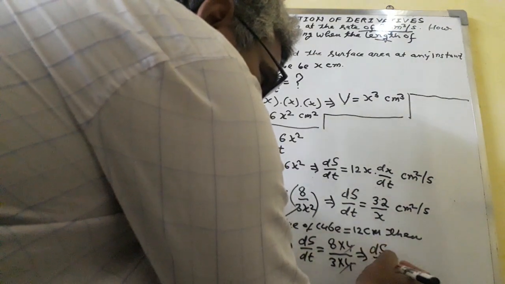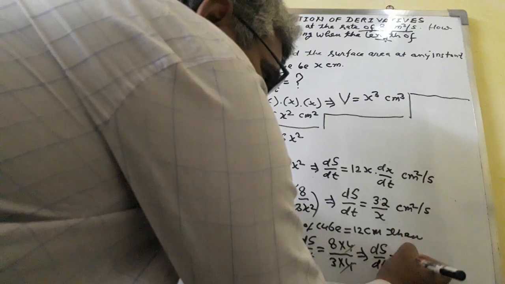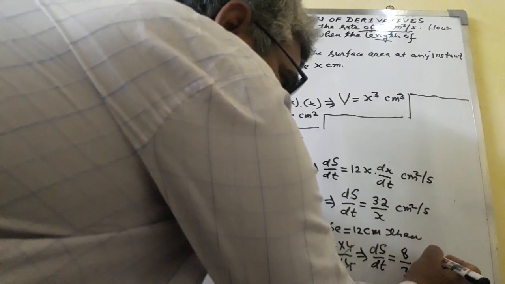We will get here dS over dt equal to 8 over 3 centimeter square per second.